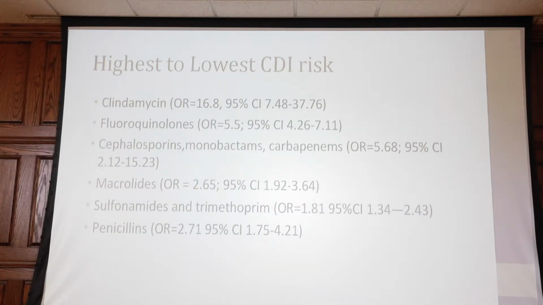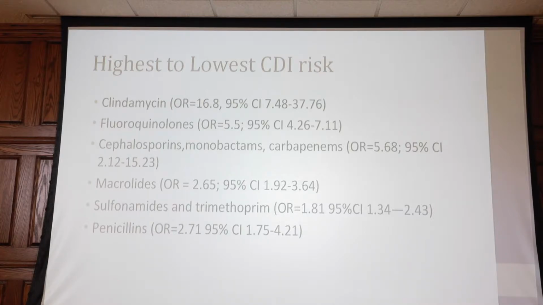And what they found is the highest risk was clindamycin, an odds ratio of close to 17. So reading that, a patient is 17 times more likely to get C. diff with clindamycin versus not getting any antibiotics. The next ones were fluoroquinolones, so Levaquin, moxifloxacin, which Dr. Kadim touched on.